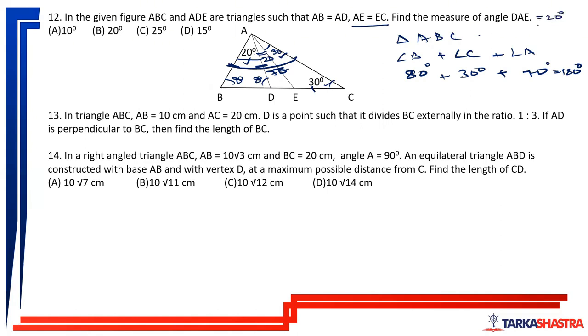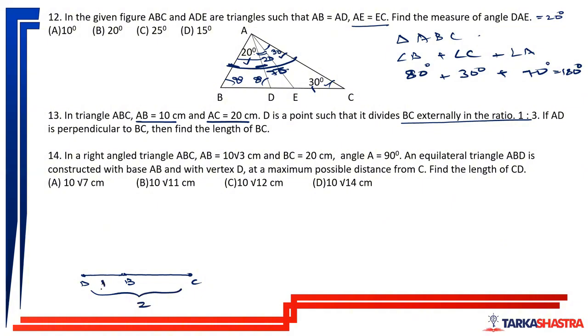Next, 13th question. In the figure ABC, AB is 10 centimeter, AC is 20 centimeter. D is a point such that it divides BC externally in the ratio 1:3. Okay, so D is a point which divides BC externally in the ratio 1:3. So this is your BC, and then there is a point D which divides BC externally in the ratio 1:3.